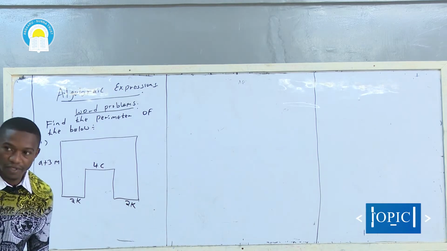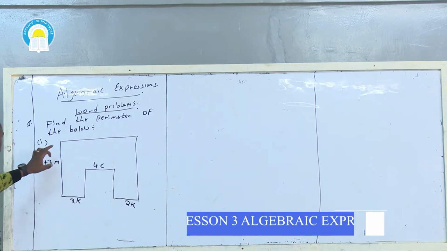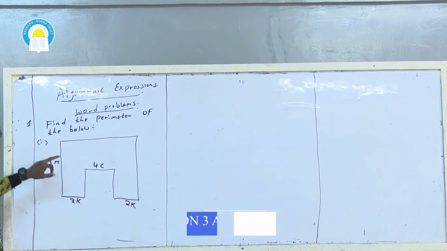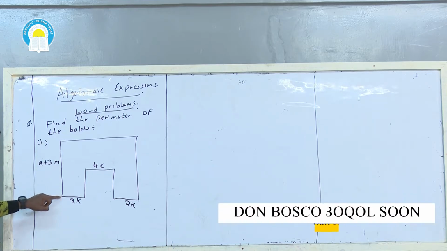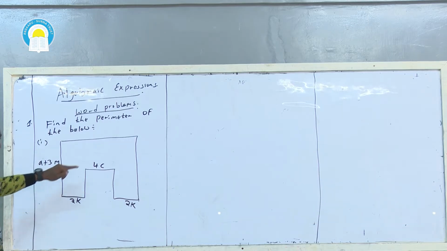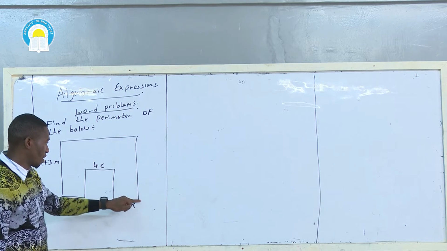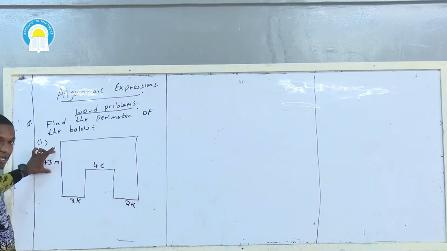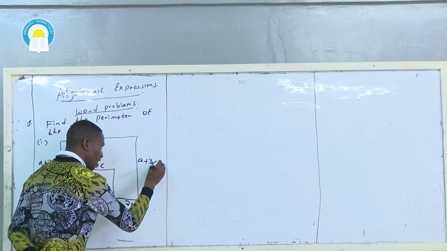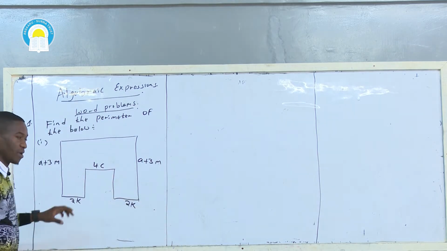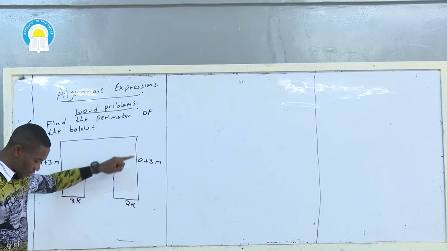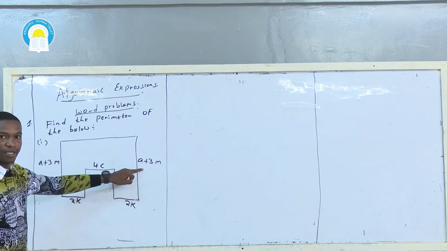The distance from here to here is a plus 3m, so the distance from here to here is the same. When here is a plus 3m, here also will be a plus 3m.